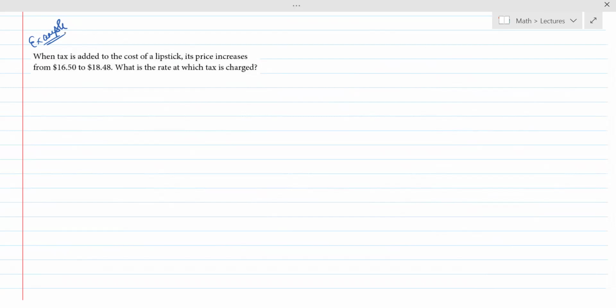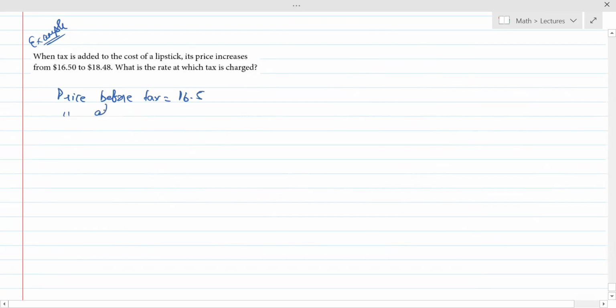So $16.5 is the price before the tax is applied, and $18.48 is the price including the tax. So we'll write this as price before tax, and that is 16.5.